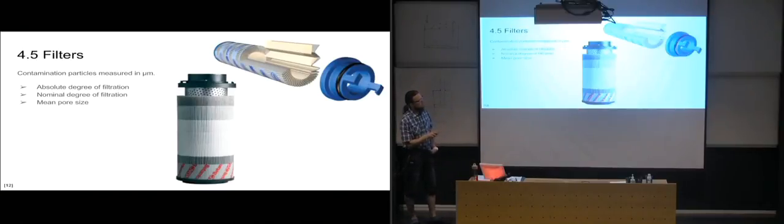I've seen some of them where it's sort of submerged into the contaminated liquid, and then it sucks it out through the center. But then often this sieve part will be placed outside, so there will be a cylinder with holes in it outside the filter itself.